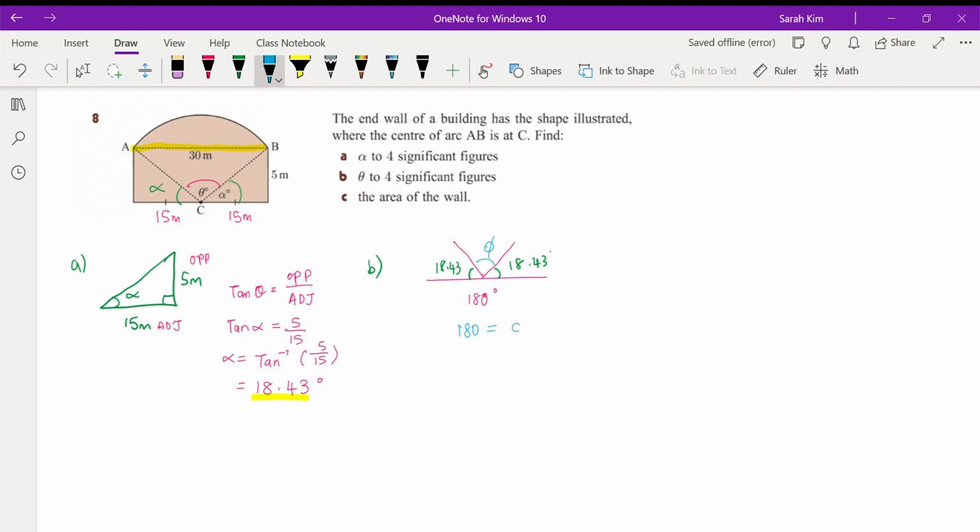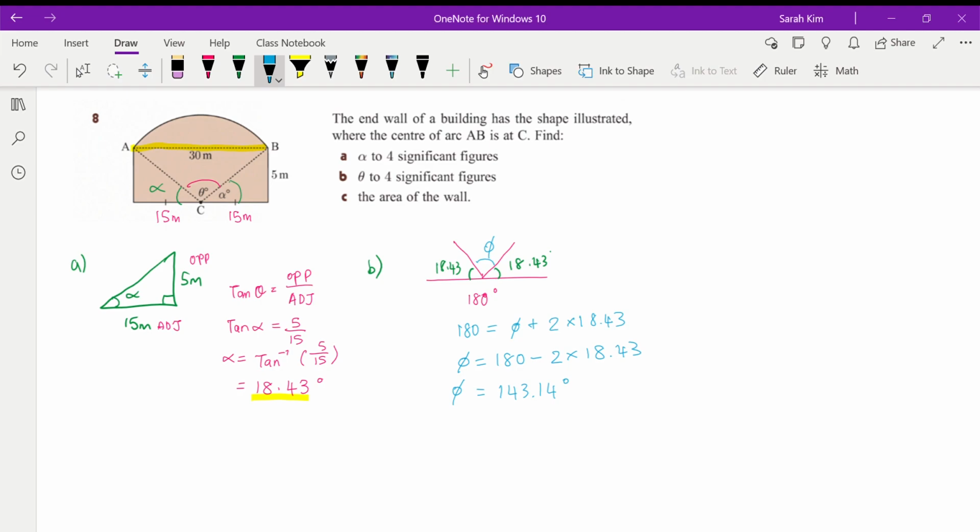So I should be able to write an equation: my theta should be 180 take 2 lots of 18.43. So I get 143.14 degrees.